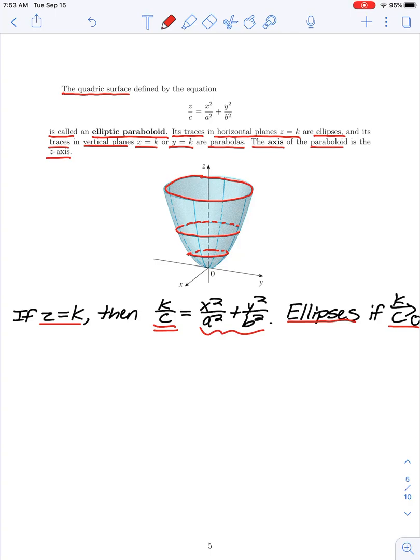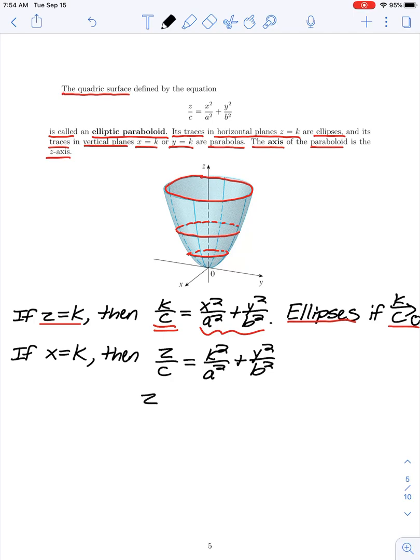So let's consider some other traces. Let's say, for instance, if we have a fixed value of x, so if we're looking at the yz plane or planes parallel to it, then the equation is given by z over c is equal to k squared over a squared plus y squared over b squared.